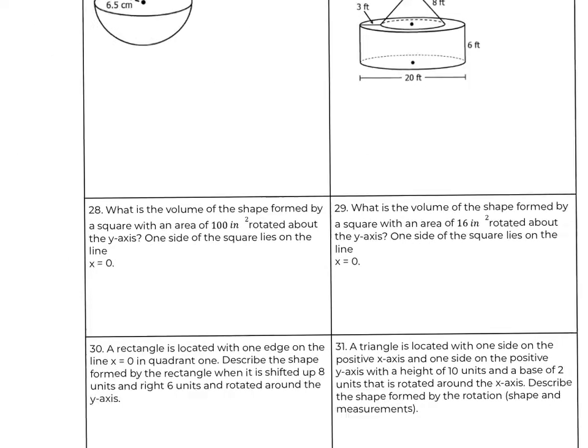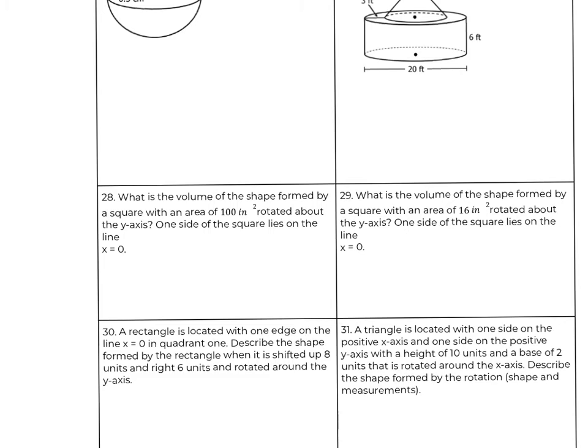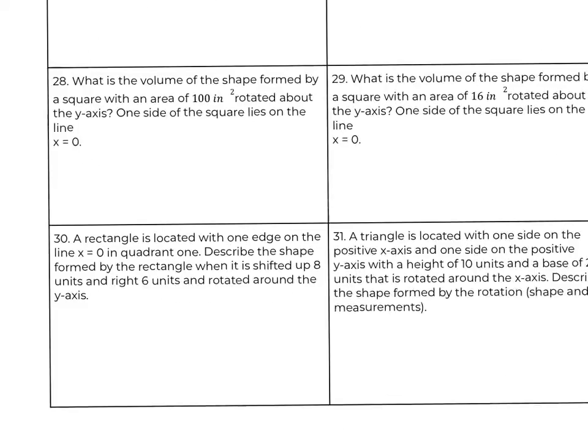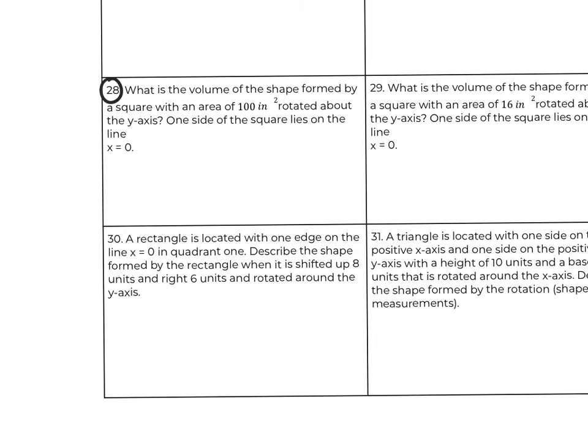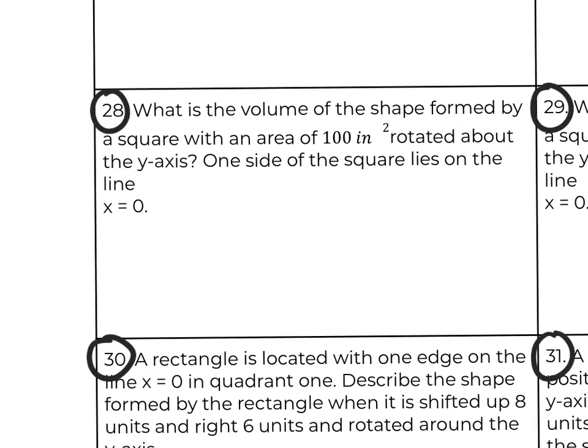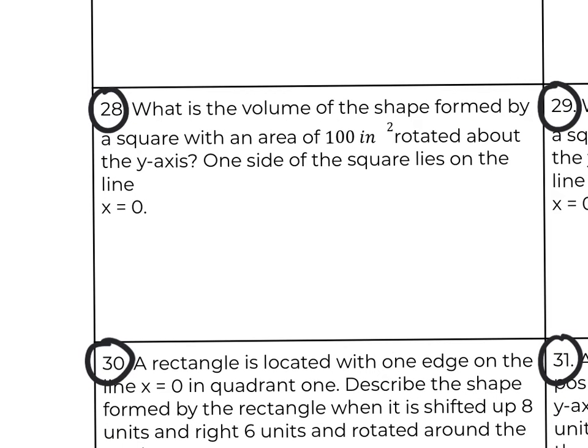Okay, the next must-do questions here are 28 through 35, so I'll do the ones on this page. So 28 said, find the volume of a shape formed by a square with an area of 100 inches squared.